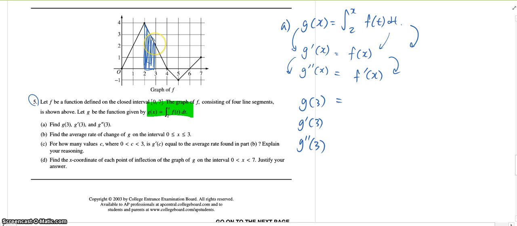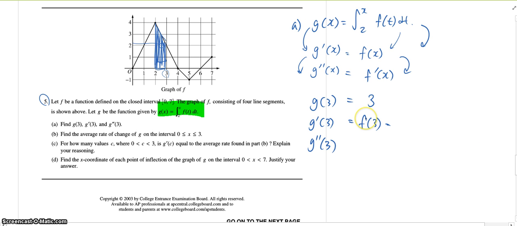So the area under the graph of f equals 3. And g prime of 3 is f of x, which is f(3). We just have to get the y value in the graph of f. f(3) equals 2, so g prime of 3 equals 2.